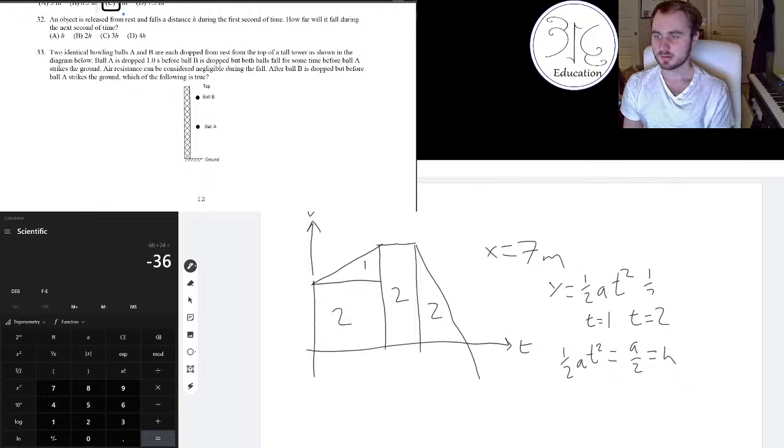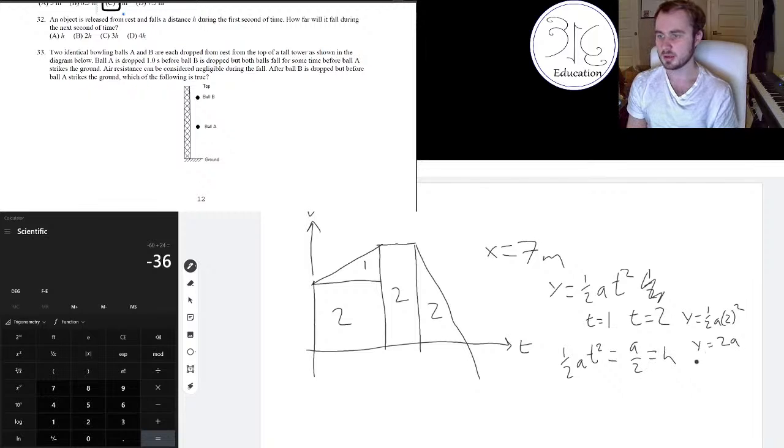And so that's going to be, let's do this over here. y equals 1/2 a times 2 squared, which gives us a 4 on top. So we now have y equal to 2a, which if we compare to this, 2h was equal to a.